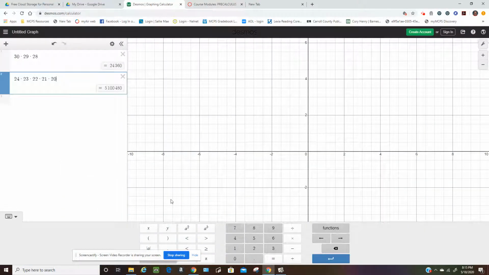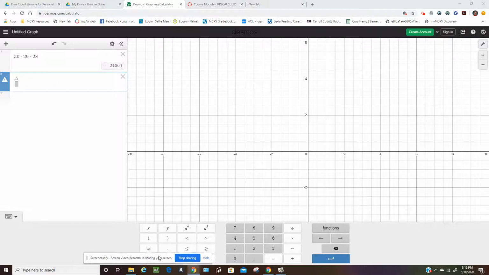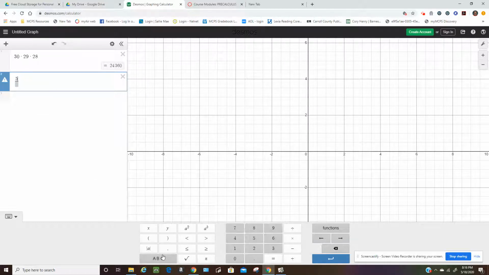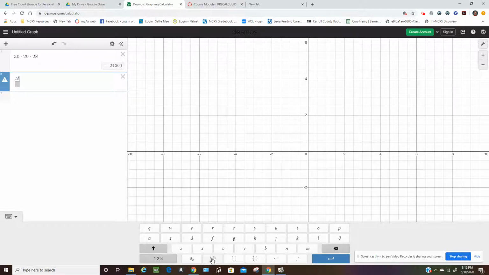So going to the calculator. If I hit the division key, then it'll give me the fraction bar. So I have 5 factorial in the numerator. And go back to the problem.